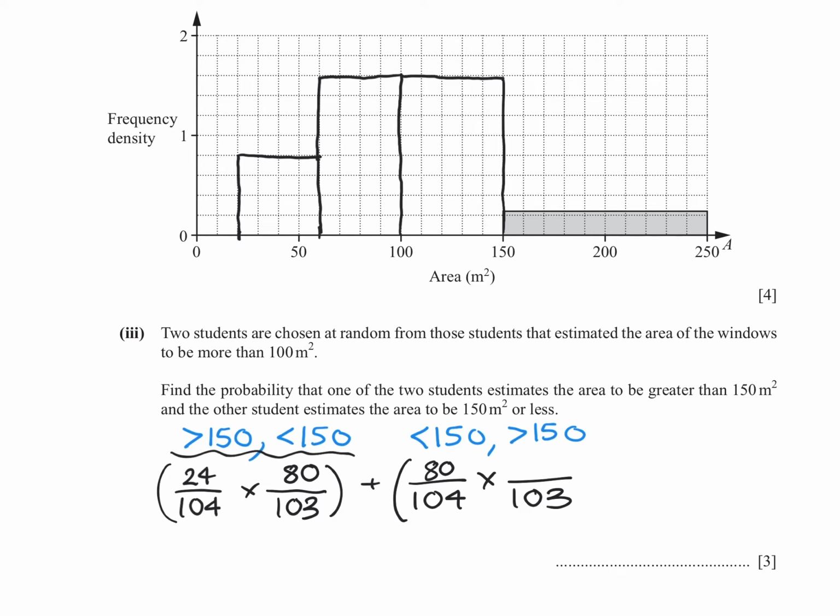And there are 24 students that estimate the window to be bigger than 150. So this is our probability. And if you type this into the calculator, we get 480 over 1339. And this is our answer. 480 over 1339.